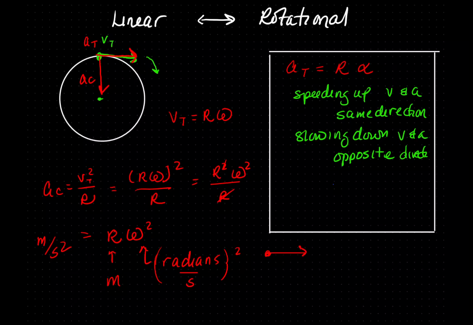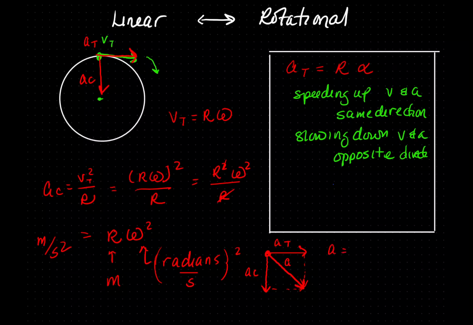So my AT is going across. My AC is toward the center. If I draw the parallelogram method, I take the AT and shift it down, same magnitude and direction. AC shifted over, same magnitude and direction. The resultant starts from the tails to the tip, and this is the A total.